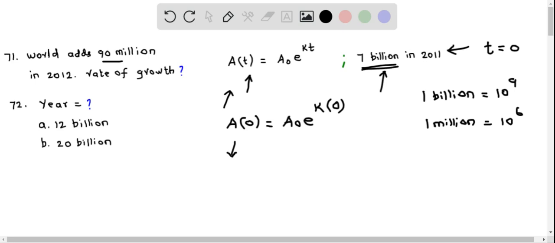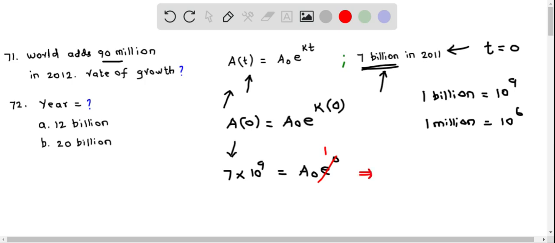So A of 0 equals 7 billion, which I'm going to write down as 7 times 10 power 9, since 1 billion corresponds to 10 power 9. On the right side we have A naught e raised to the power of 0. We know that a number raised to the power of 0 is 1, so A naught times 1 is A naught.